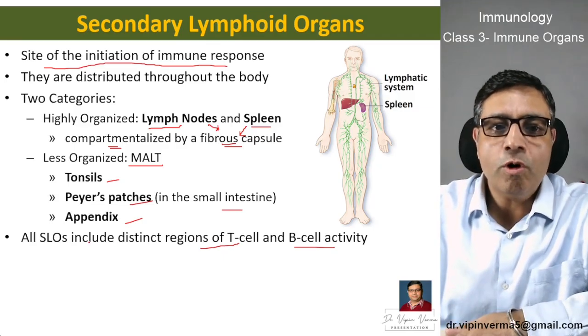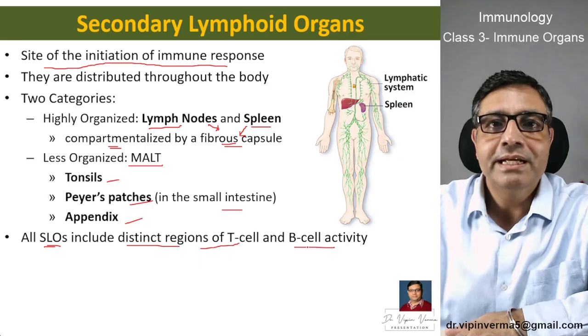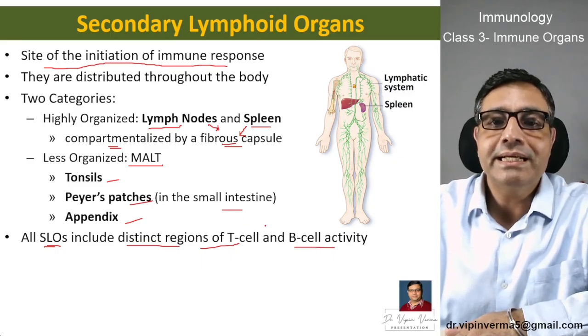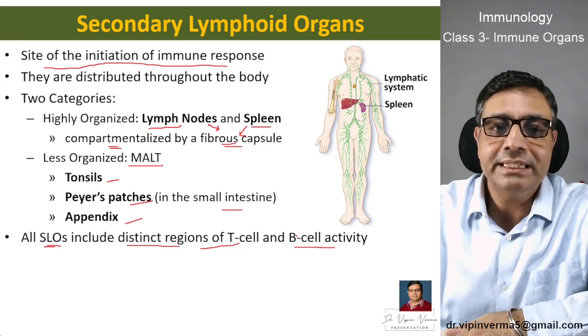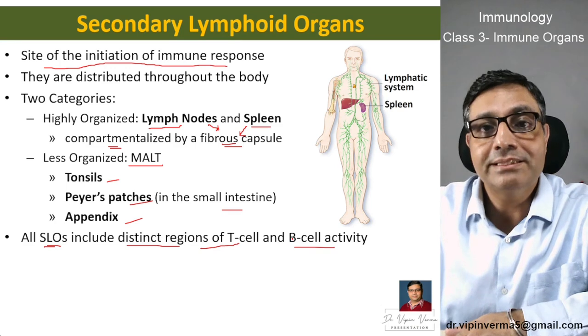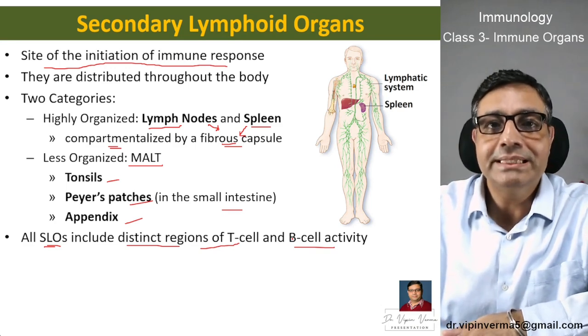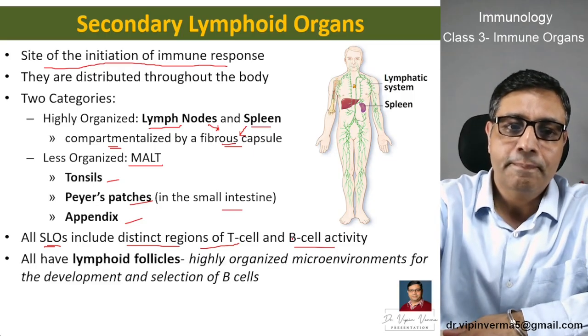There are certain regions which will be rich in T cells, and certain regions in the secondary lymphoid organs which are rich in B cells, and they exhibit very specific T cell and B cell activities.